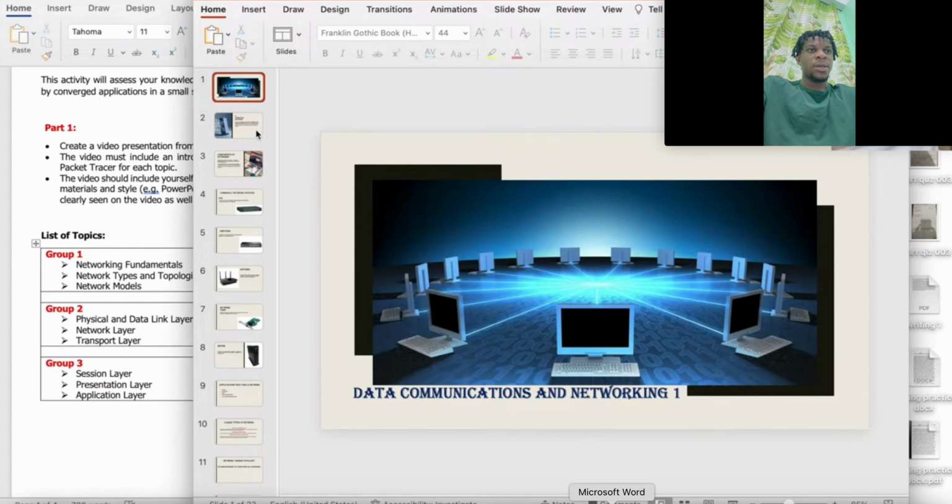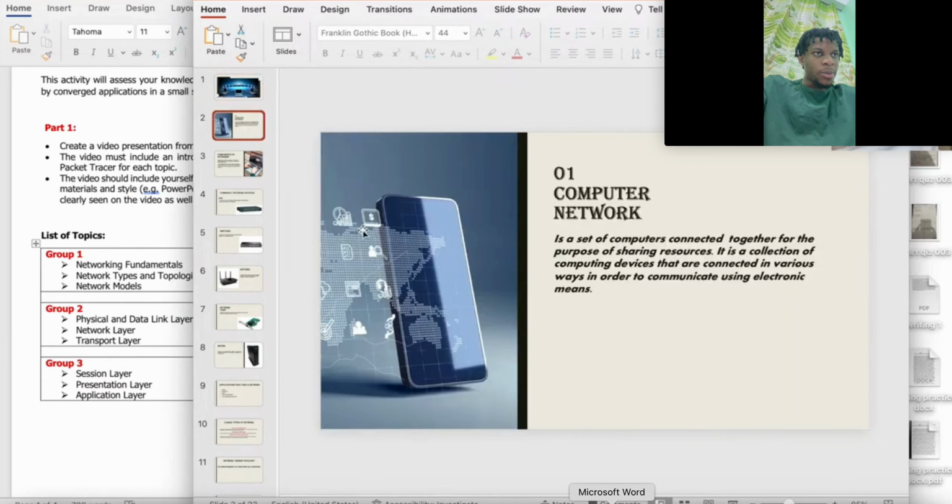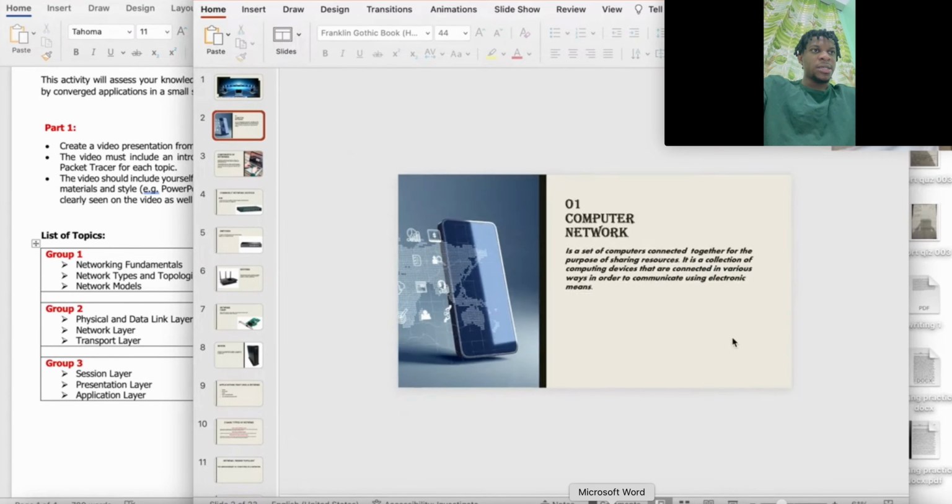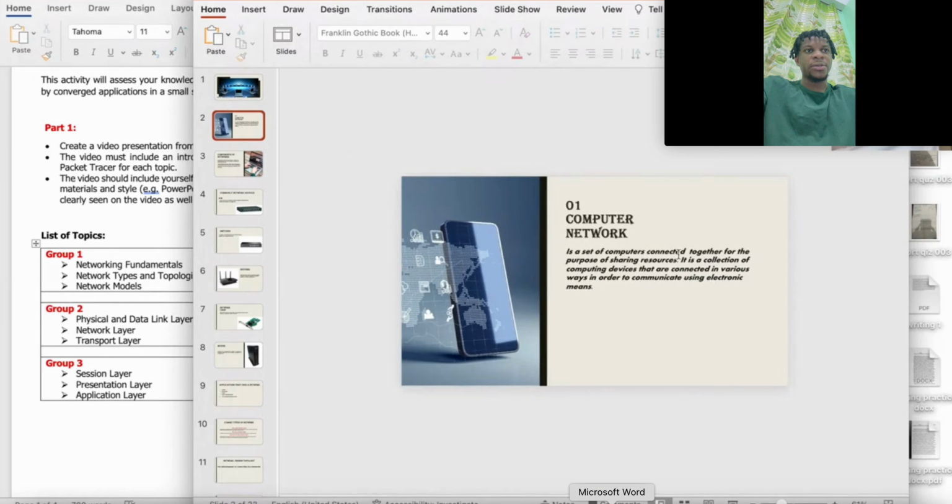A computer network is a set of computers connected together for the purpose of sharing resources. It is a collection of computing devices that are connected in various ways in order to communicate using electronic means.